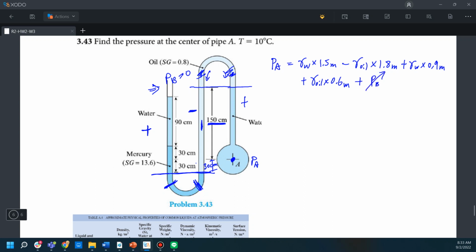But we already know that PB is 0, so we can just cancel it out. Okay, so now we have this hydrostatic equation for the PA.